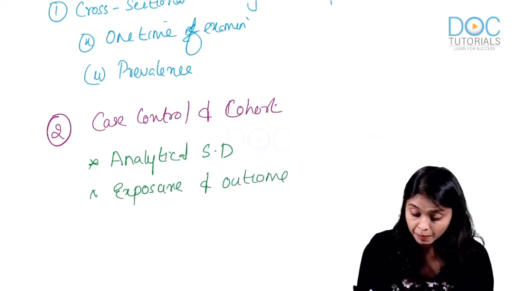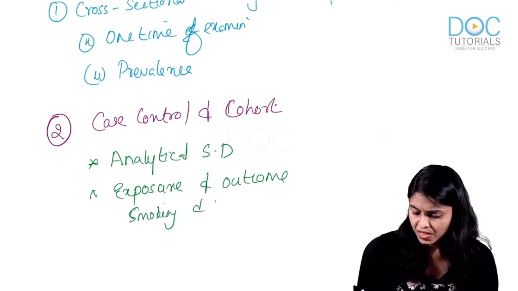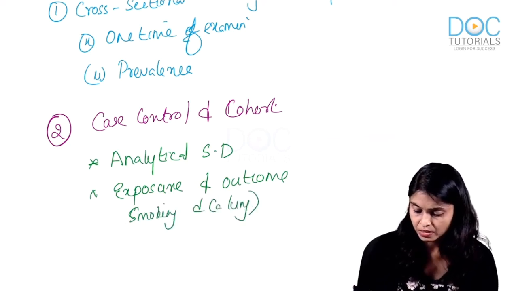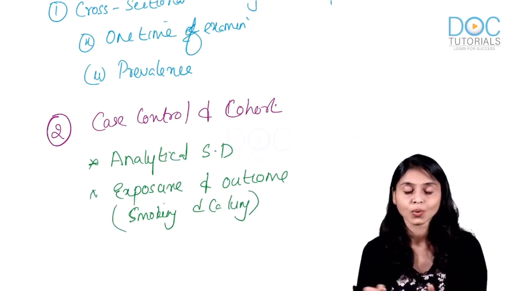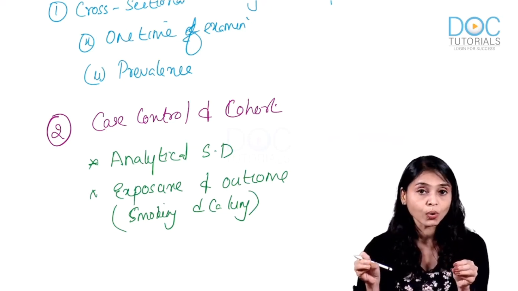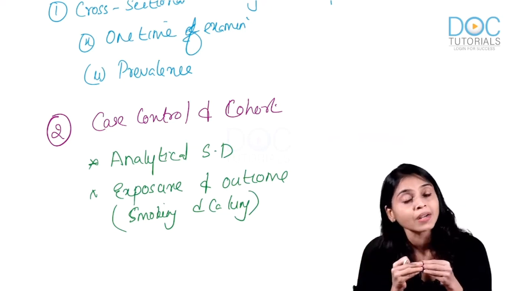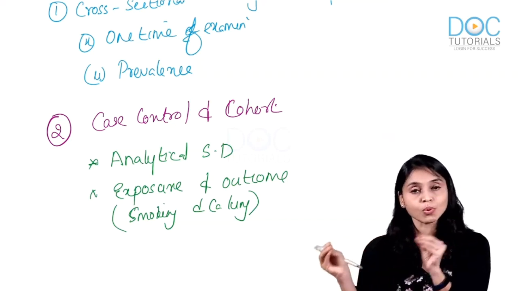For example, smoking and lung cancer, the most commonly dealt example when you are studying case control and cohort. So in both there is an exposure and outcome, and you want to know whether this exposure and outcome are associated or not, or is there any relationship between this exposure and outcome?